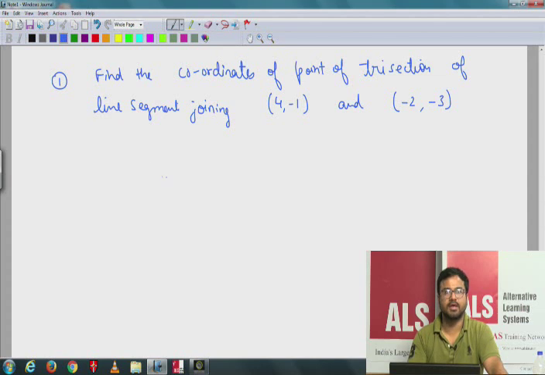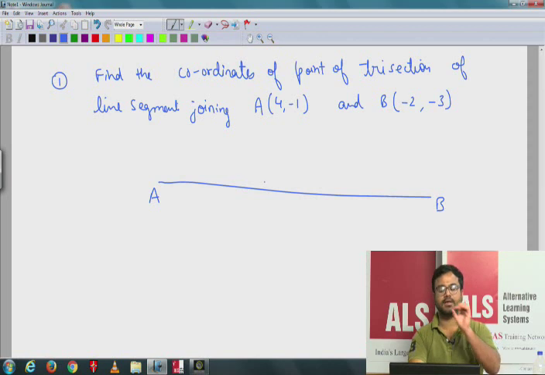So let me help you in the diagram also. Let's say this is A and this is B, the endpoints. Since we are trisecting it, there must be 2 points. Let's say one is over here and one is over here. So this is P and this is Q. Since P and Q are equally dividing the line segment into 3 equal parts, the ratio would be 1:1:1.